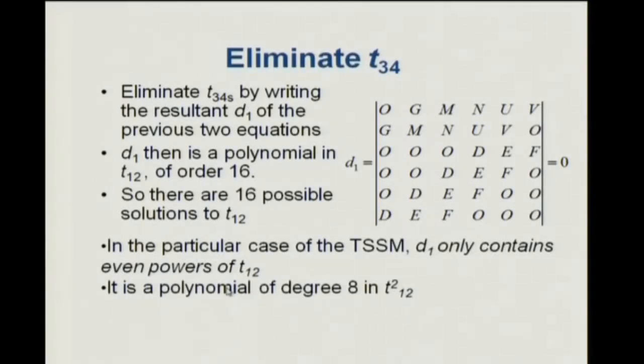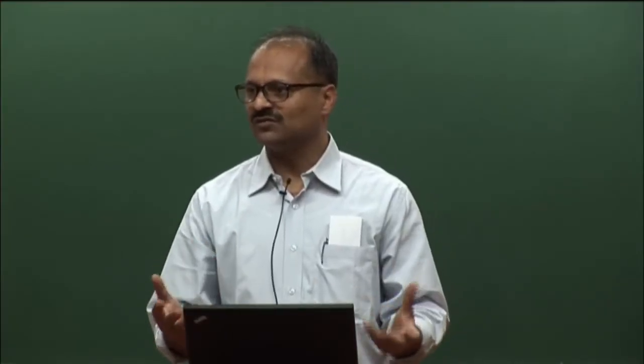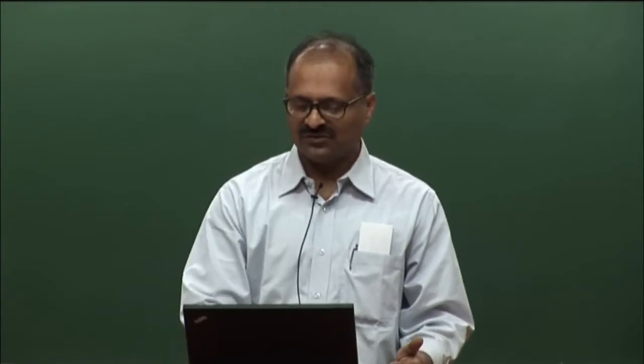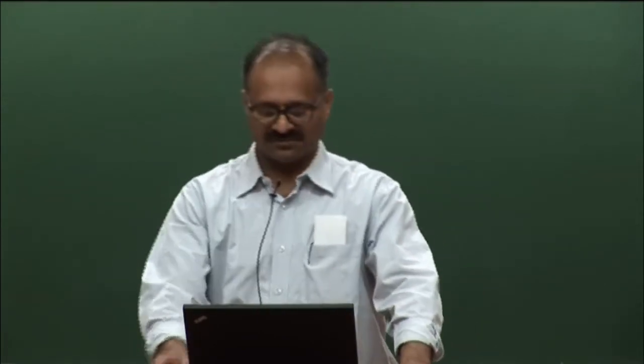So you say that I must have one root of 3, 4 common between the two, so you form this larger resultant. Now what is the order of this polynomial?